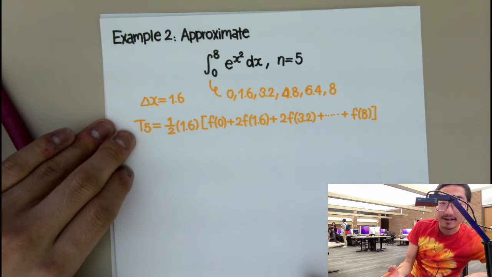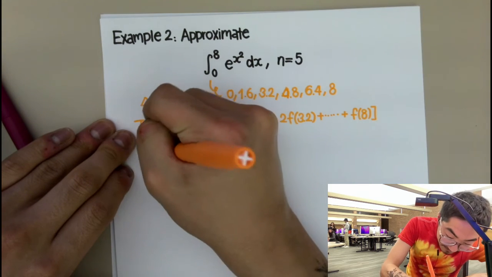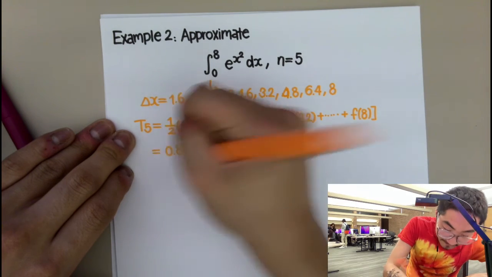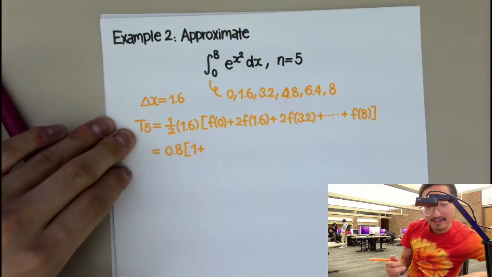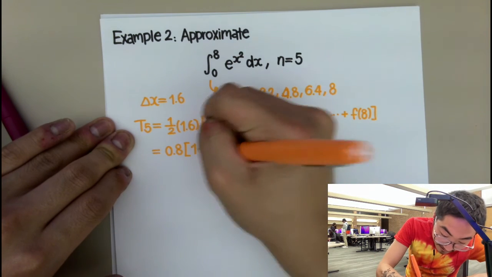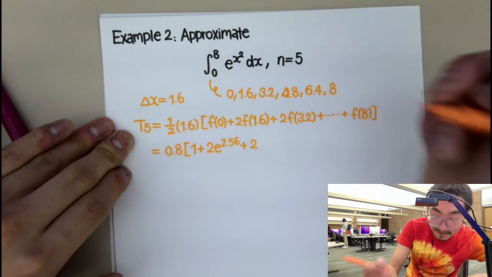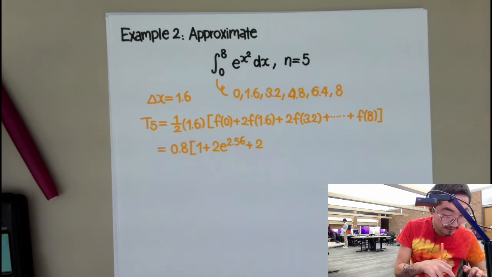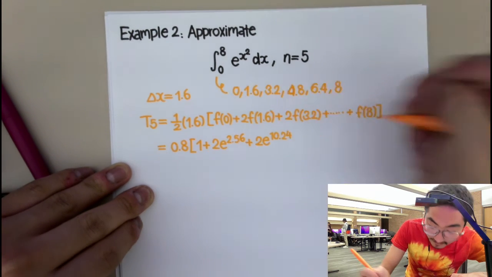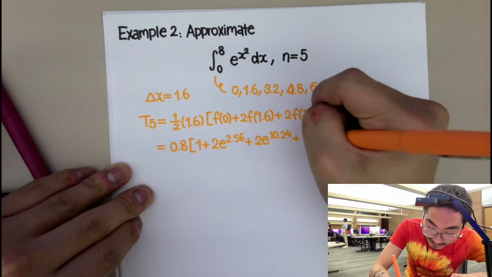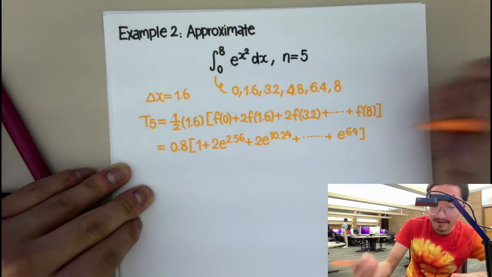I'm just going to compute this. It's going to be 0.8. f(0) is 1, since e to the 0 is 1. 1.6 squared is 2.56, plus 2 times e to the 2.56, and 3.2 squared is 10.24, so 2 times e to the 10.24. And then plus 8, which is e to the 64.